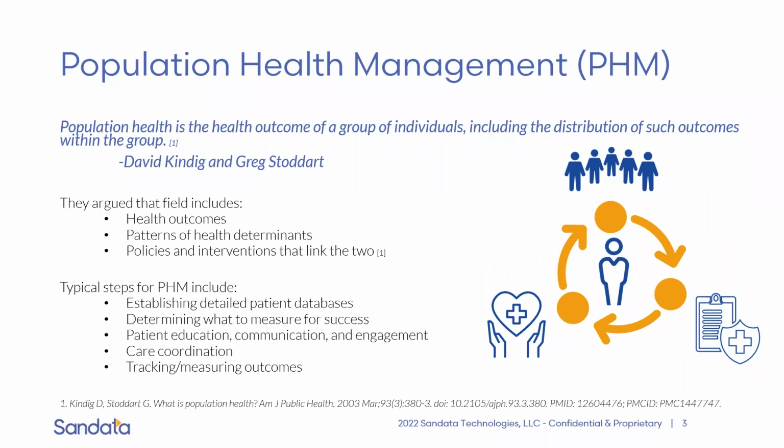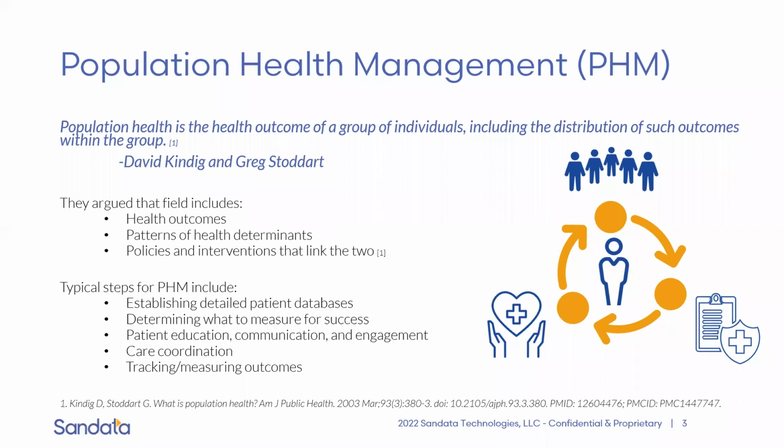But whoever defines population health is probably going to have some of the key factors that you see listed out here that both Kindig and Stoddart argued the field includes, and that is health outcomes. So that's both measuring and tracking to improve health outcomes. Patterns of health determinants, and that determinants word is going to be a key one for us today, and the policies and interventions that link the two.